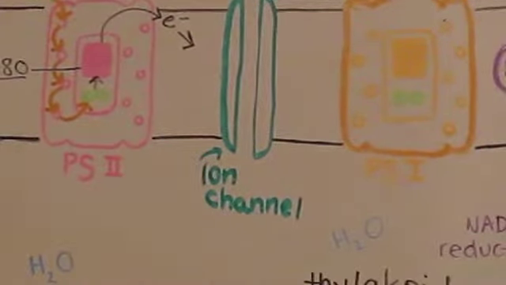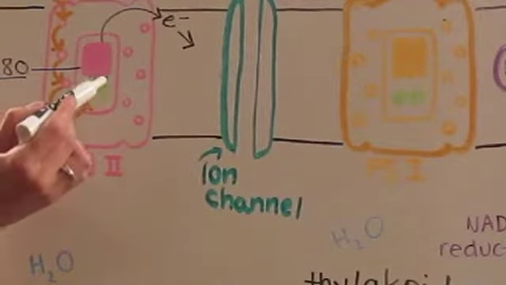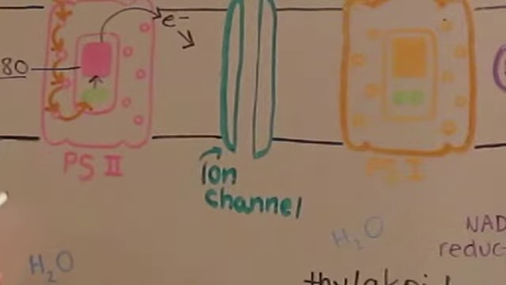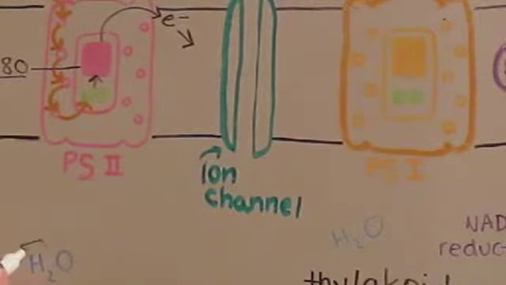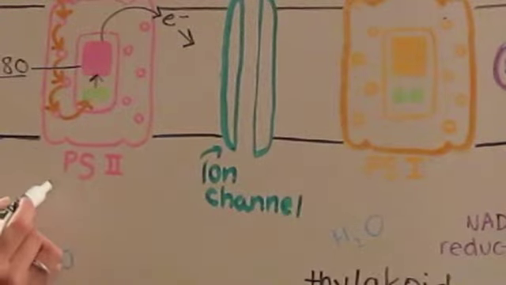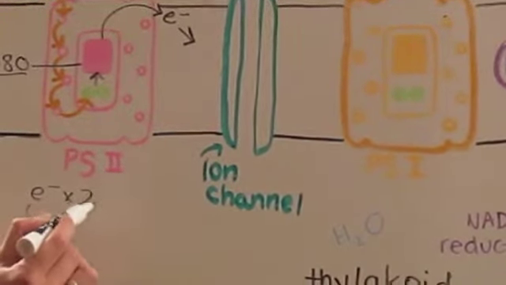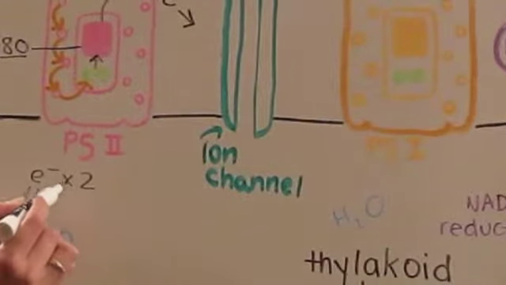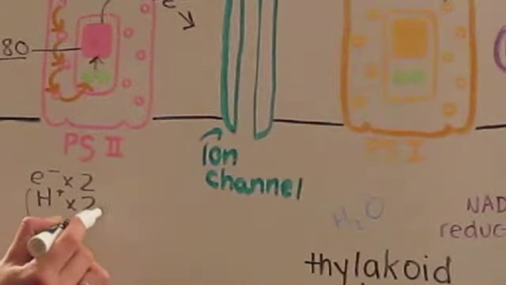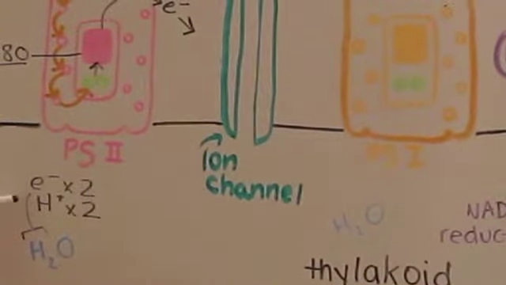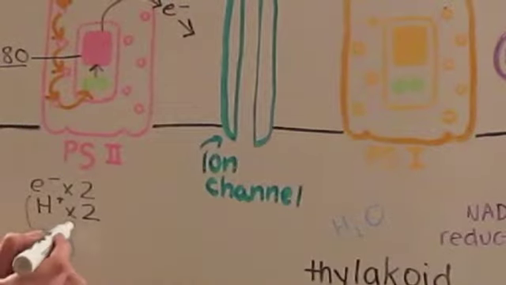The electrons that go to the primary electron acceptor are later replaced, harvested from a water molecule that is broken apart in the thylakoid lumen through a process called photolysis. Photolysis is the breakdown of a water molecule into 2 electrons, 2 protons, and an oxygen atom.